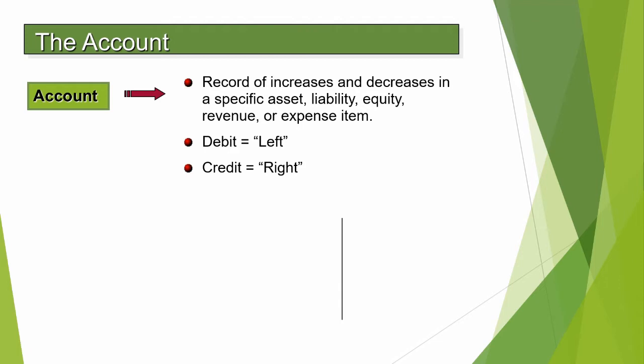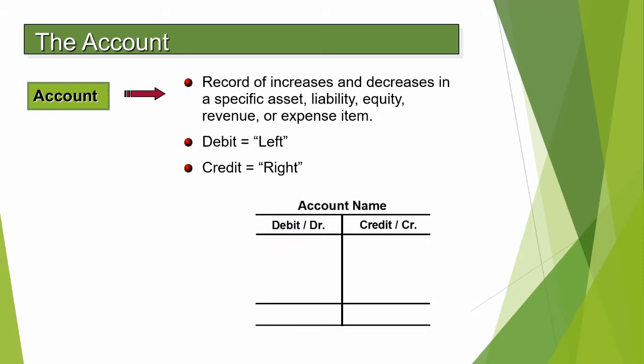In its simplest form, an account consists of three parts. First is a title, second is a left or debit side, and third is a right or credit side. Because the format of an account resembles the letter T, we refer to it as a T account.